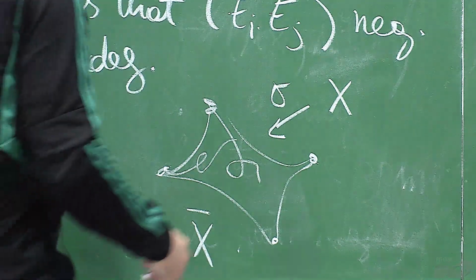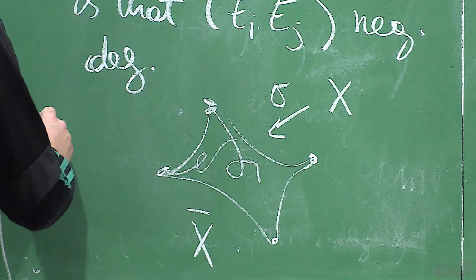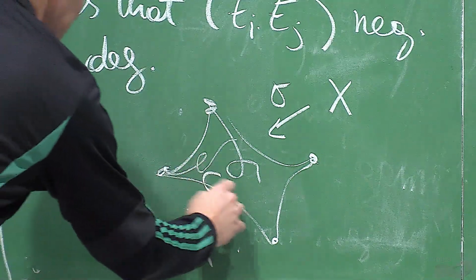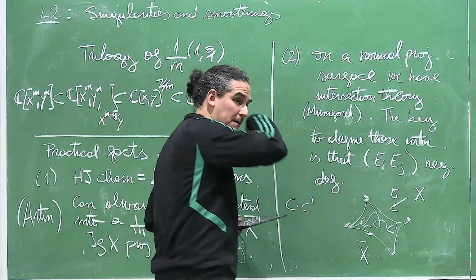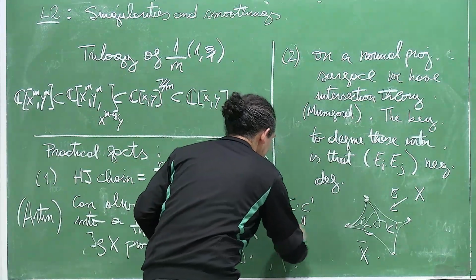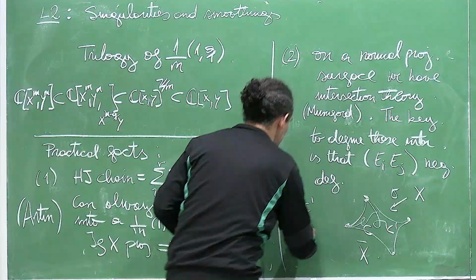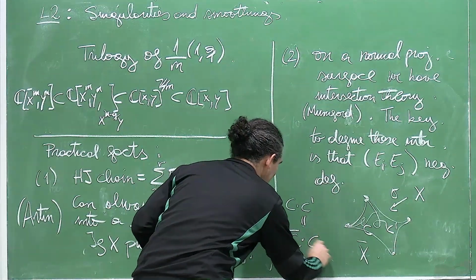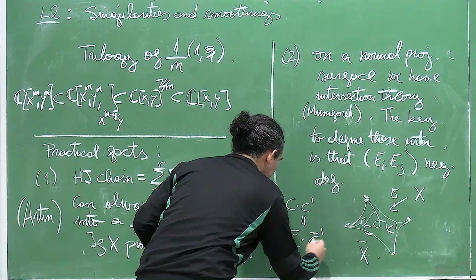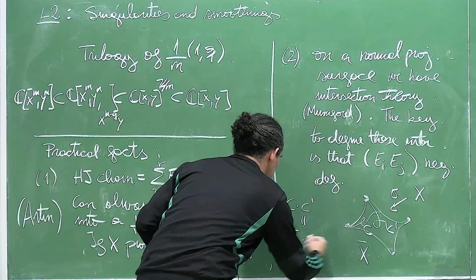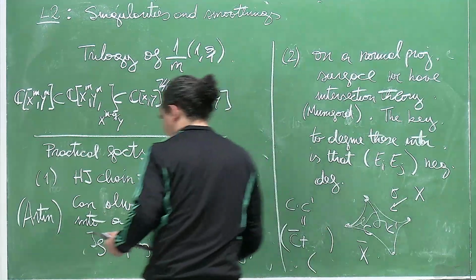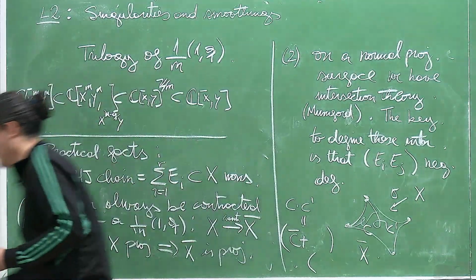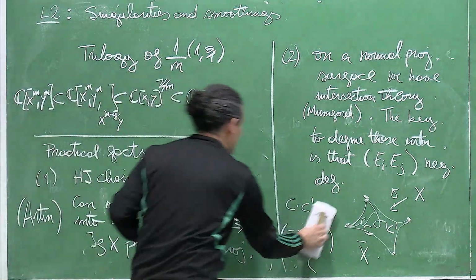You will pull back. So you want to know how to define, so this is C and C prime. You want to know how to define C dot C prime. And for that, you will have the proper transforms. Let me put a bar. But then, sorry, this is plus. You have the proper transforms. Oh, this is too small. I will move it to the other board.